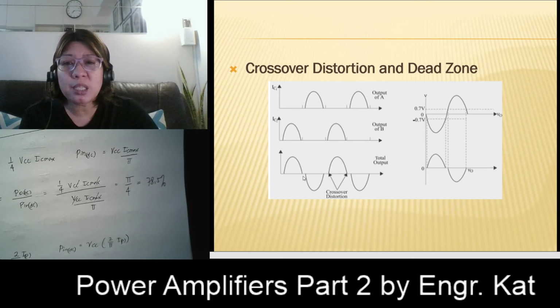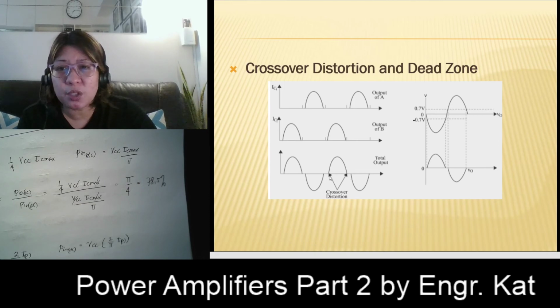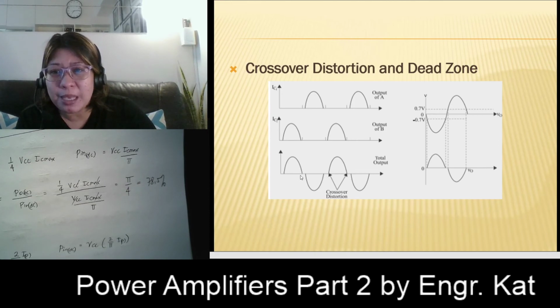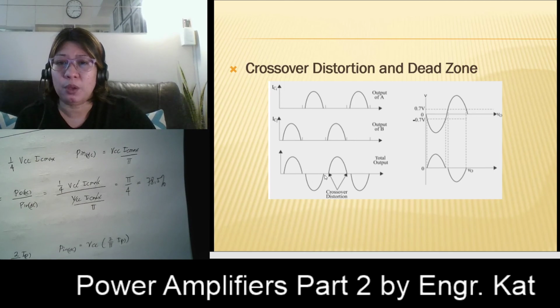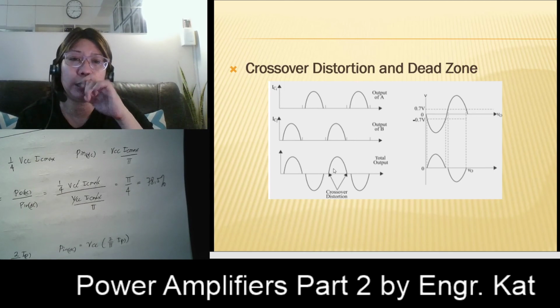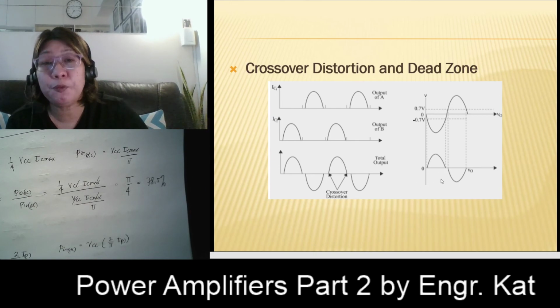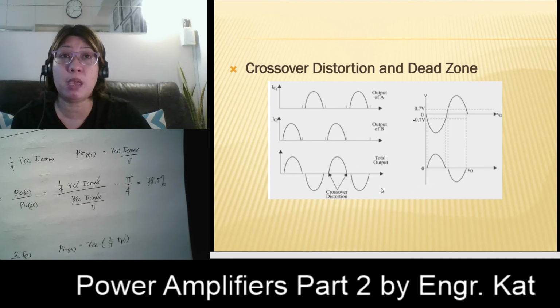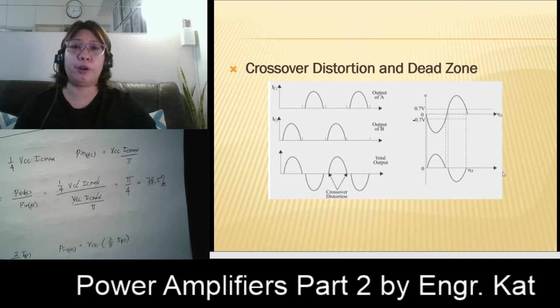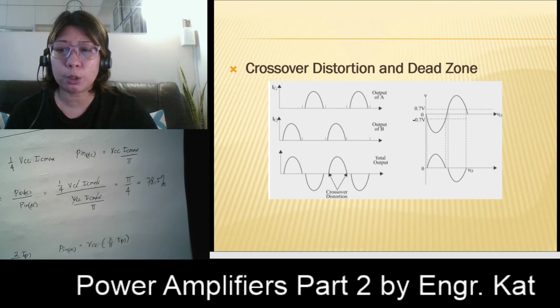This is the dead zone, when neither of them is turned on. Usually it is equivalent to 0.7. This is 0.7 and this is 0.7. If we get the total, for a silicon transistor, it will be equivalent to 1.4 volts. So that is the crossover distortion, or your dead zone.